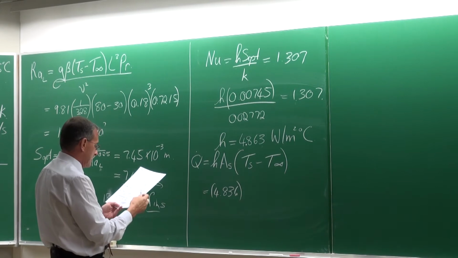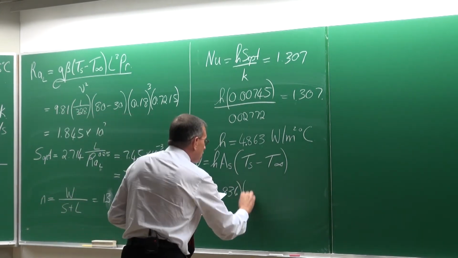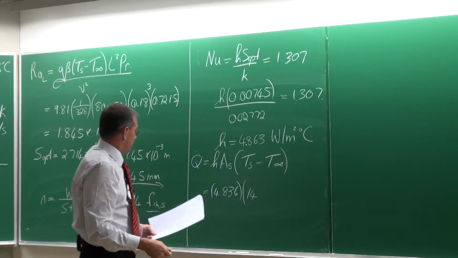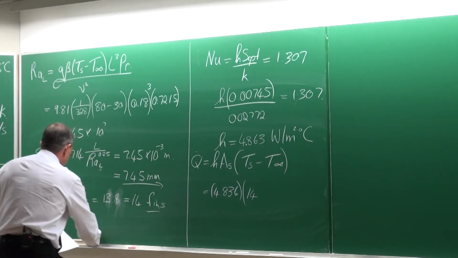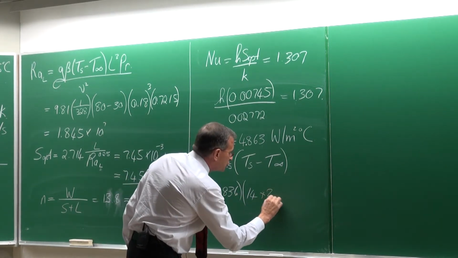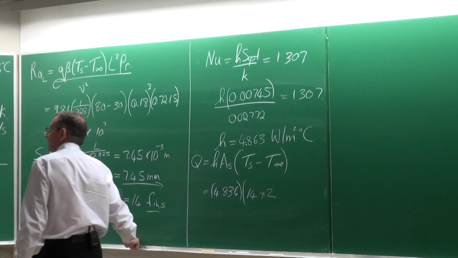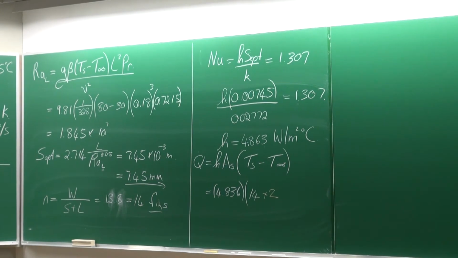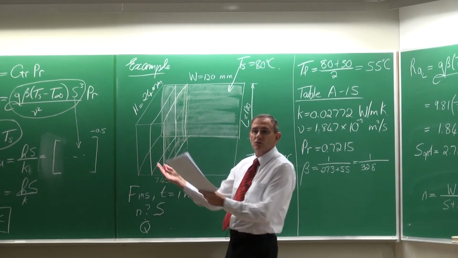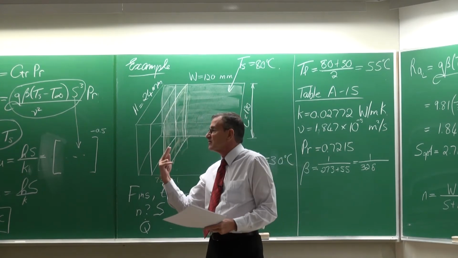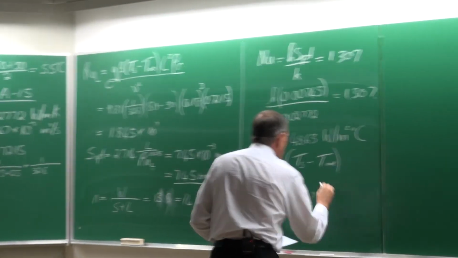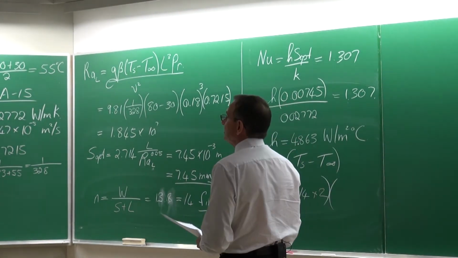The surface area: we've got 14 fins, but every fin has two areas, because from this area on the right there can be heat transfer, and the area on the left there can also be heat transfer. So there are two heat transfer areas. So it is 14 multiplied by 2 multiplied by the area.